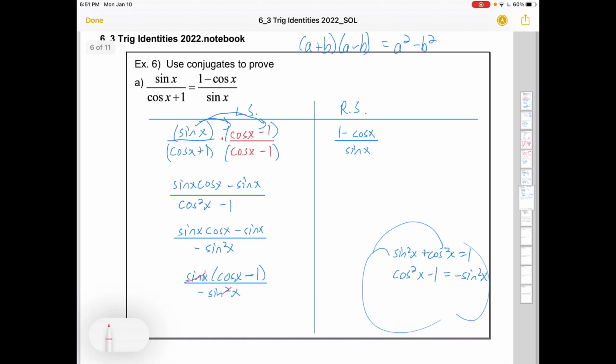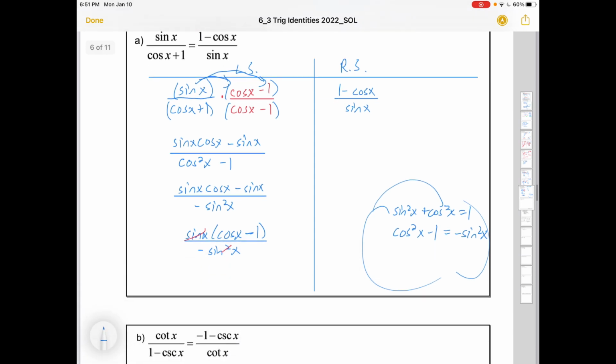I'm real close at this point. I've got cos x minus 1 over negative sine x. Is that equal to the right side? Oh man, so close. Not quite though, eh? One simple way to change the sign of the denominator is to multiply the top and bottom by negative 1.